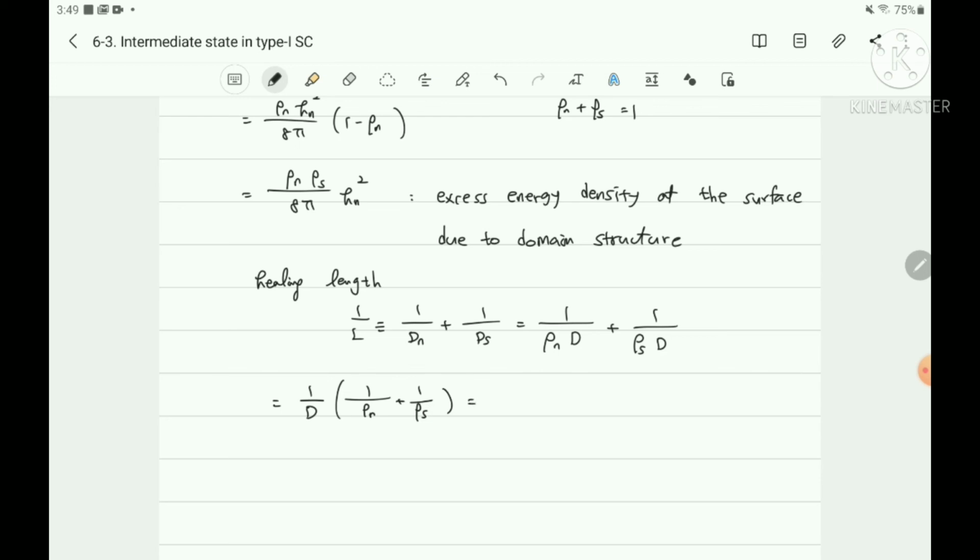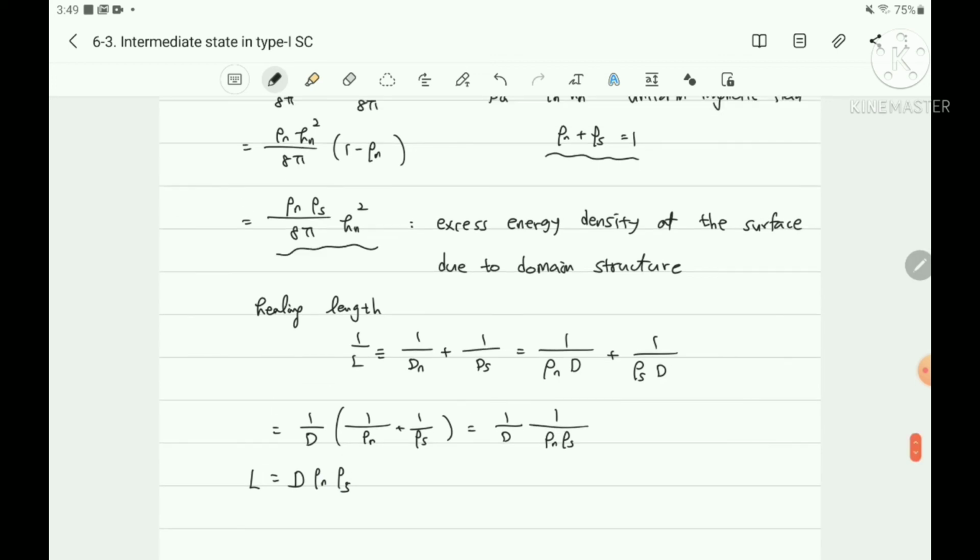In other words, it is 1 over d rho n rho s, because rho n plus rho s is 1, and therefore the healing length is L equals d rho n rho s.